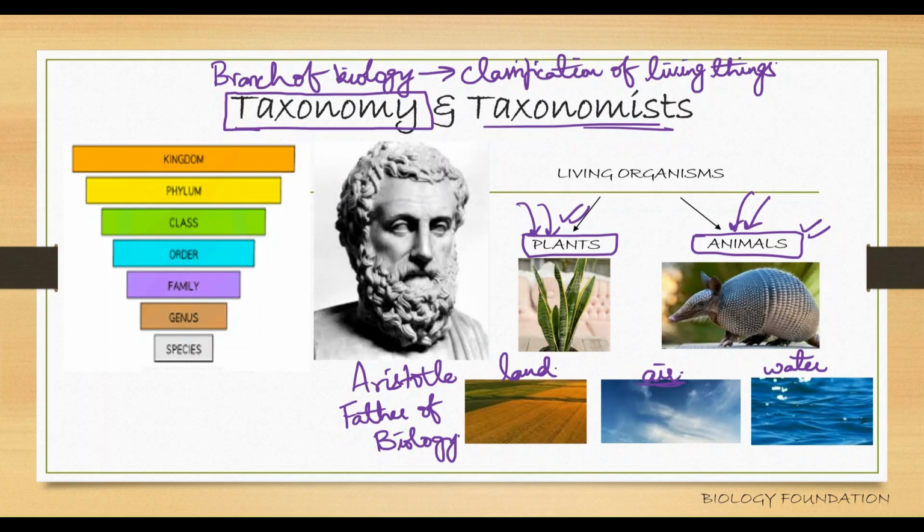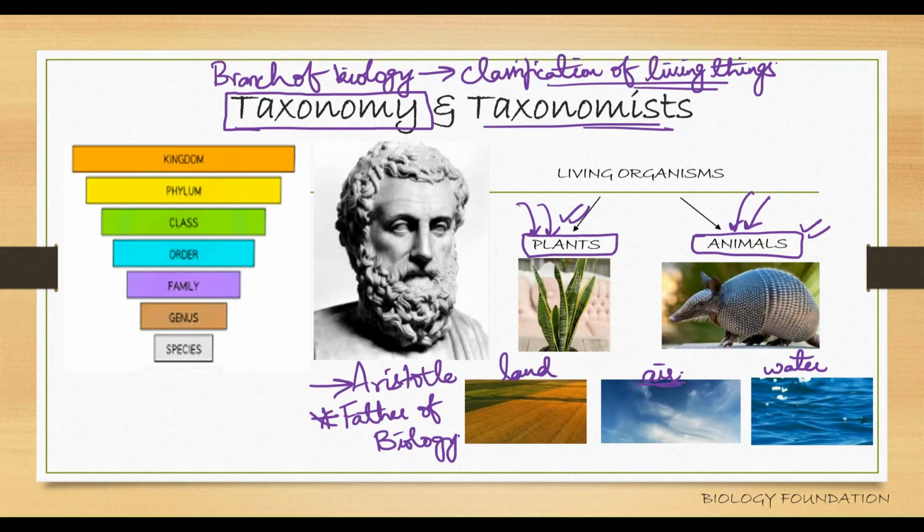So the credit for the first classification of living organisms into plants and animals goes to Aristotle. And taxonomists are the group of scientists who deal with taxonomy. And what is taxonomy? It's a branch of biology which deals with classification of living organisms.